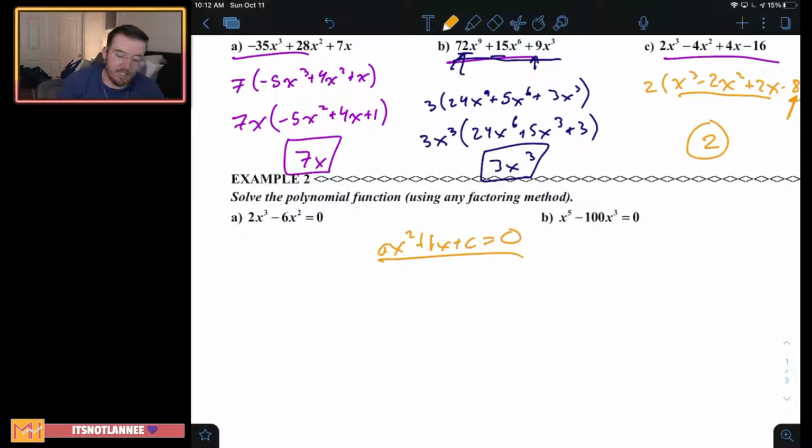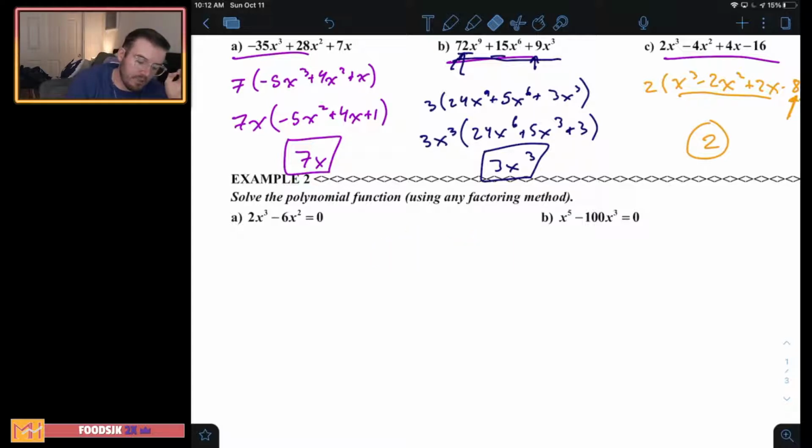Now all of a sudden we have x cubed, x to the fourth, x to the fifth, and we don't like that, right? And there's not some new way of factoring that we now have to learn. What we do is we try our hardest to get rid of the x's, so to speak, by finding a GCF.